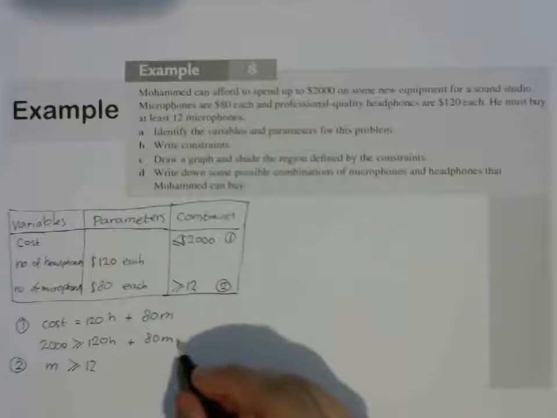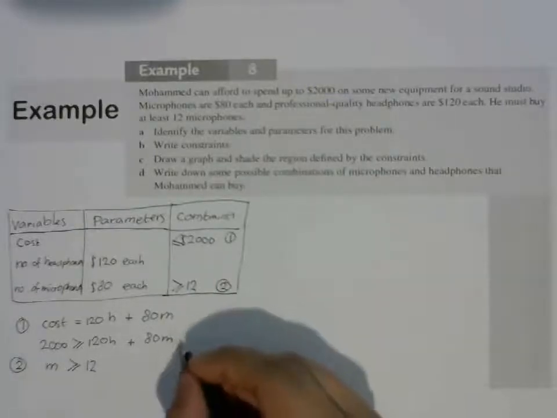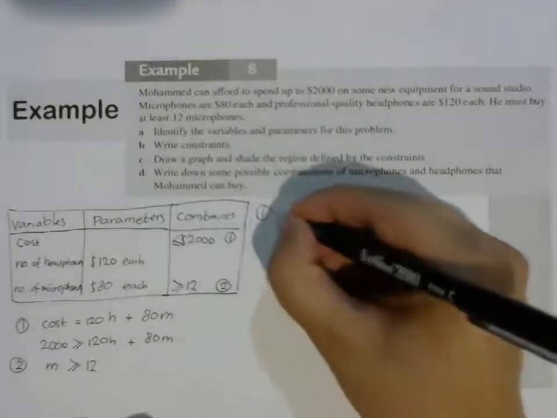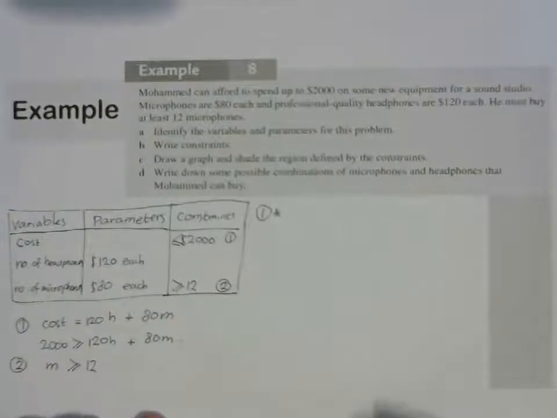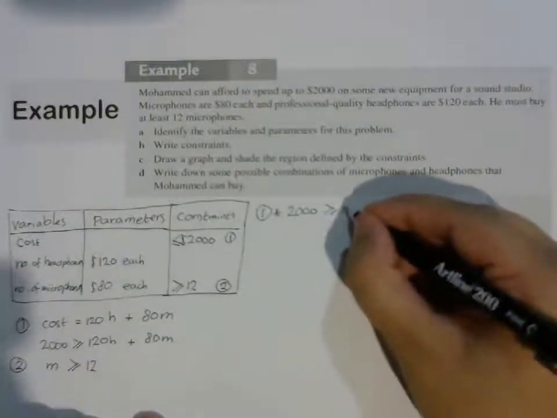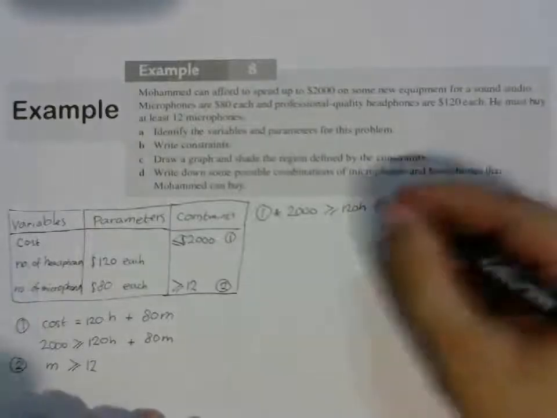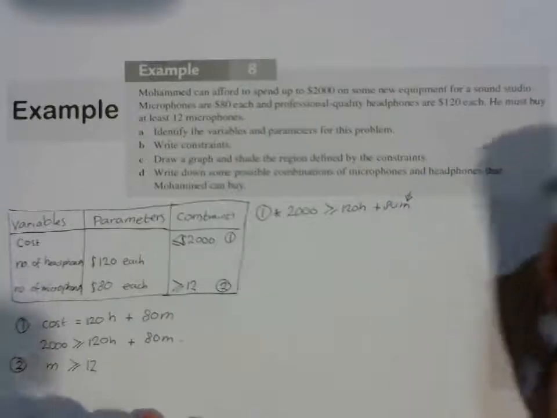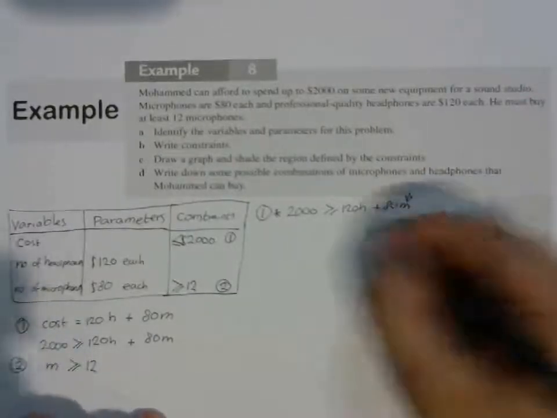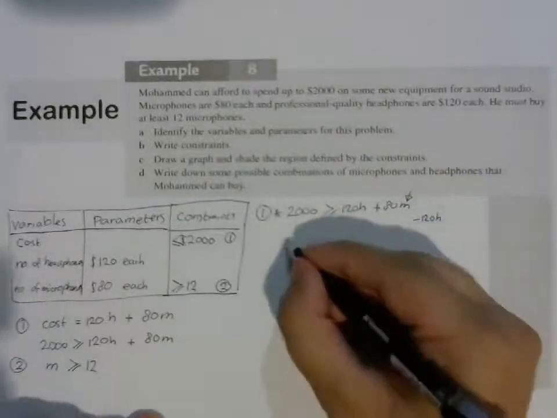Now I need to rearrange this first linear inequality. So let's do that. If I head over here, number 1 star, we have 2000 is greater than or equal to 120h plus 80m. I want to make m my subject, so I'm going to get rid of 120h first by taking it away.